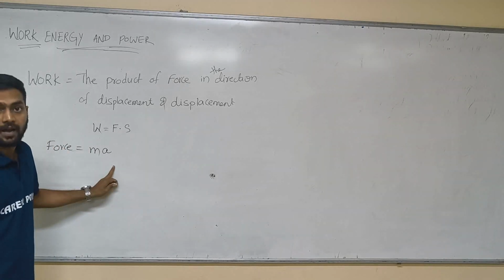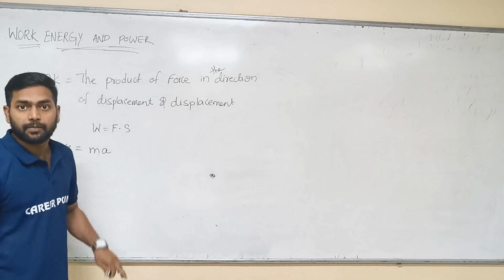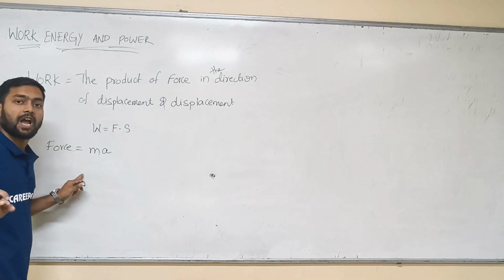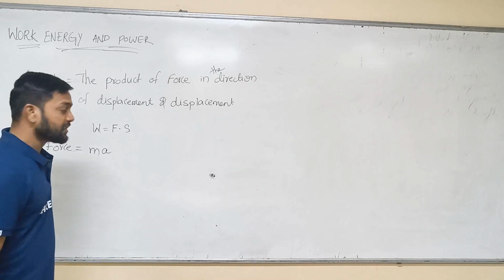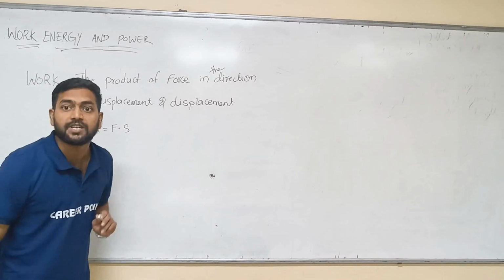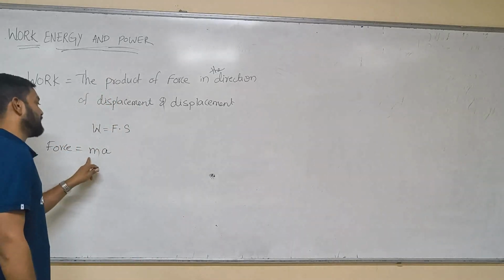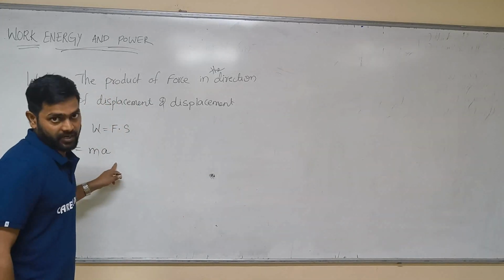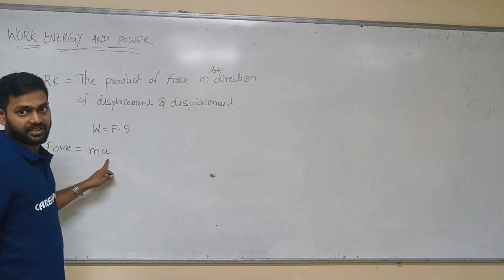The change in momentum of an object is directly proportional to the force, which we learned in Newton's second law. By that we got the formula F is equal to ma, where F is force, m is mass and a is acceleration.